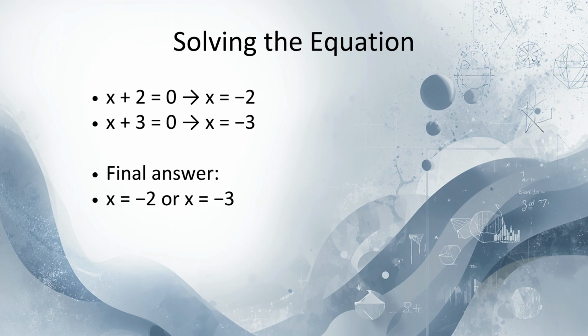Or I can rephrase it, we can just take away 2 from both sides. In the second part of our answer, it was x plus 3 equals 0. And we take away 3 from both sides to work out the value of x. So our final answer of this quadratic is x equals minus 2 or x equals minus 3.